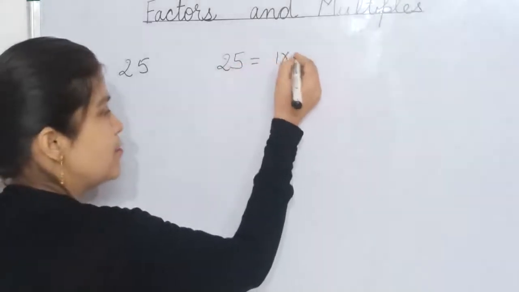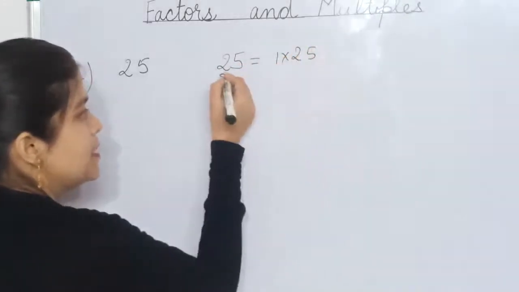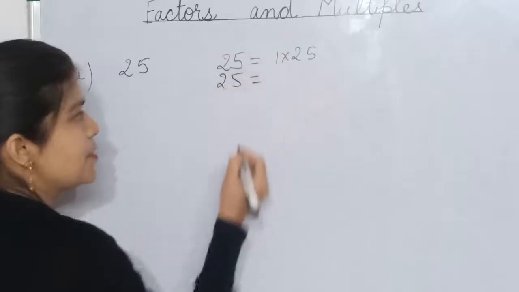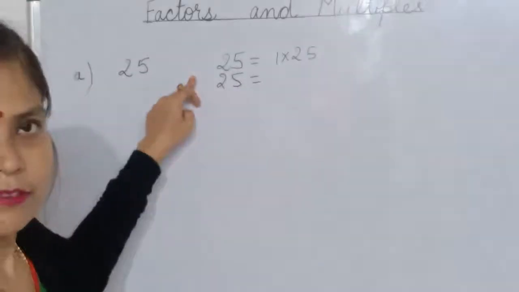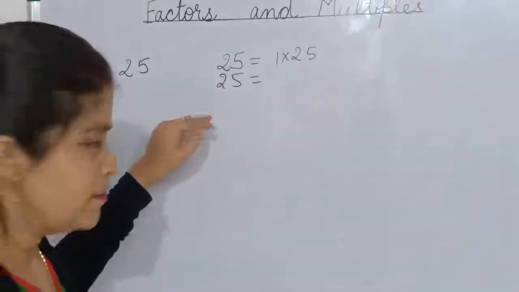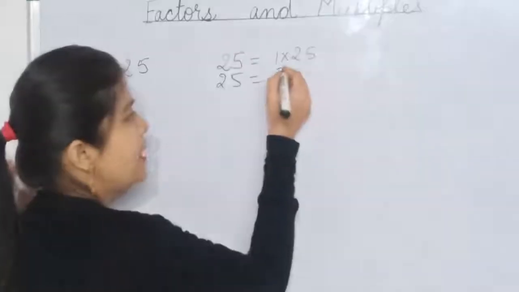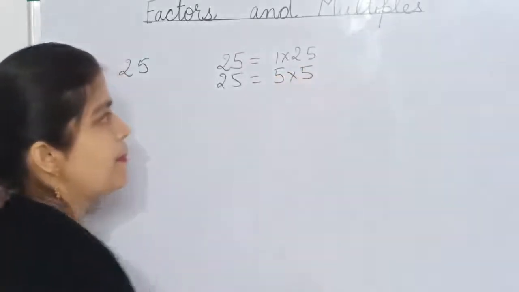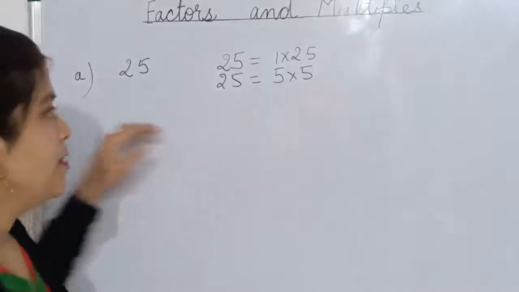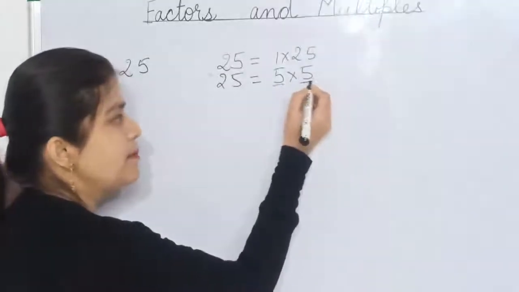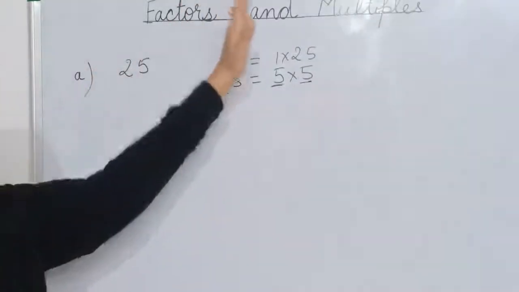First, 1 into 25 we know. Second, 25 is not divisible by 2, 3, 4, only by 5. It will be 5 into 5, that is 25. Now you can see here both the numbers are the same, so we will not go further.